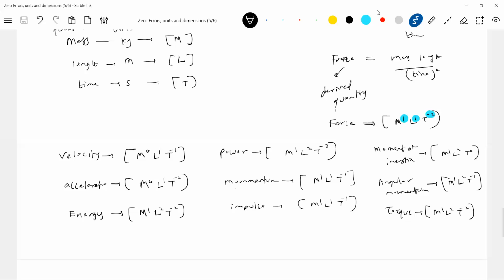Energy is nothing but work done, and work done is force into displacement. Torque is also force into the position vector. These are things which will trouble you. Can two physical quantities have the same dimensions? Yes, look at momentum and impulse, and look at energy and torque.